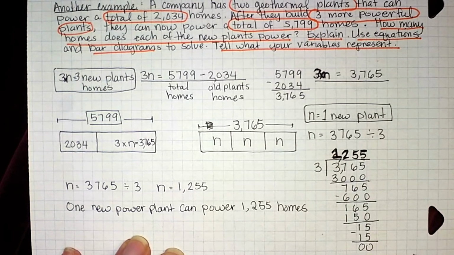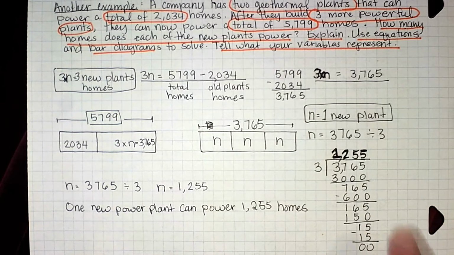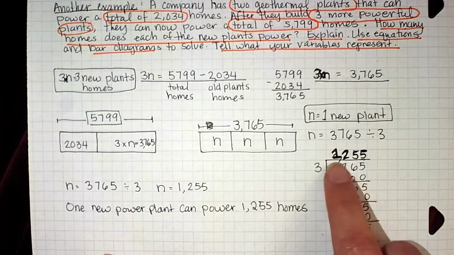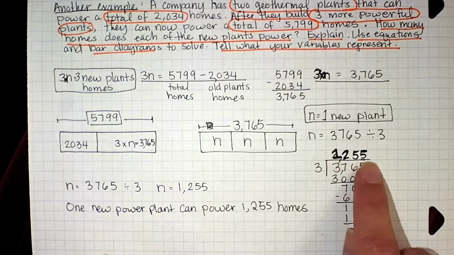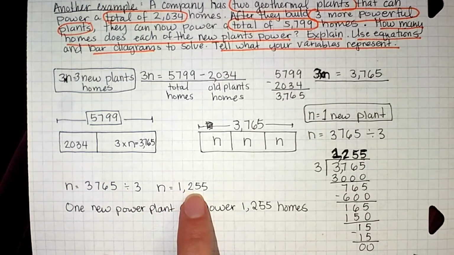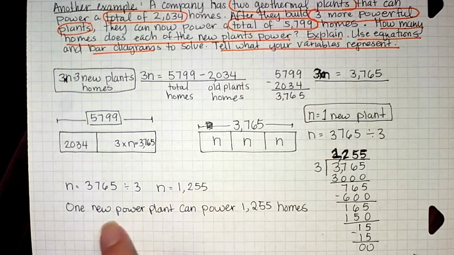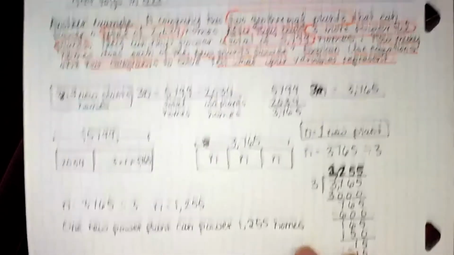I subtract off the 15 and I'm left with no remainder here. So once I finish my division, I can see that one of the power plants can power 1,255 homes. And that's going to be my N. N is equal to 1,255. So one new power plant can power 1,255 homes.